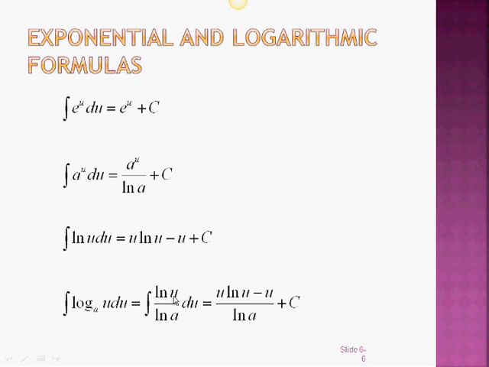What you should recognize is that the natural log of a is just a constant, which I am allowed to pull out, and then I have 1 over the natural log of a times the antiderivative of the natural log of u du, which just brings it back to this. So here is our antiderivative for anything other than natural log, which isn't too difficult to remember. You just want to know that the natural log of a is a constant that can float along with my natural log of u function's antiderivative.